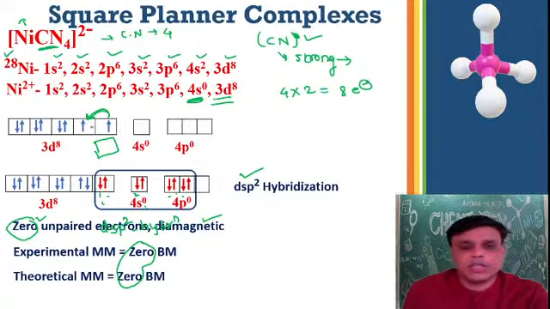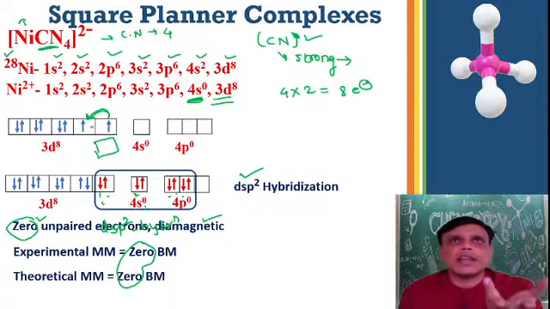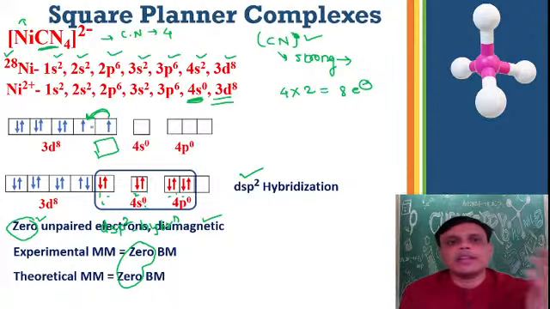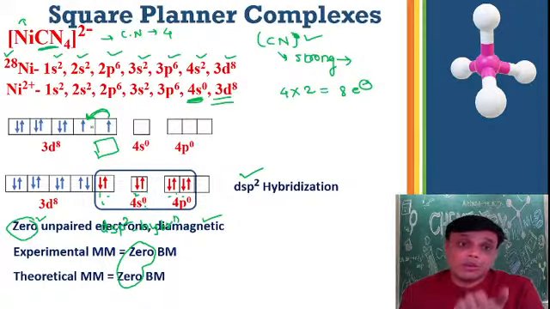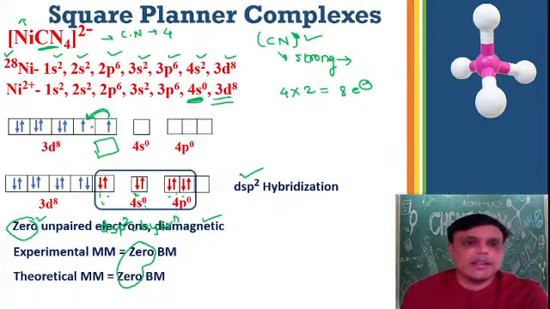You should know this. In the first case, which we saw for tetrahedral complexes, chloride was the ligand and ammonia was the ligand, and both these ligands are weak ligands. So in that case pairing was not there. But in this case cyanide is a strong ligand, and if cyanide is there, carbonyl is there, nitrosyl is there, then the pairing of electrons will take place in the d orbitals.